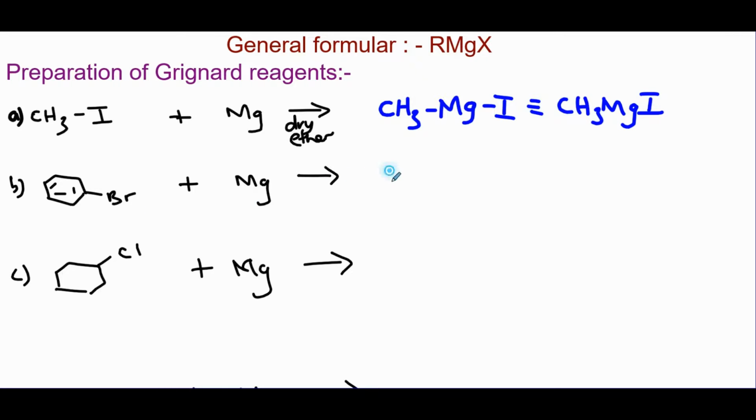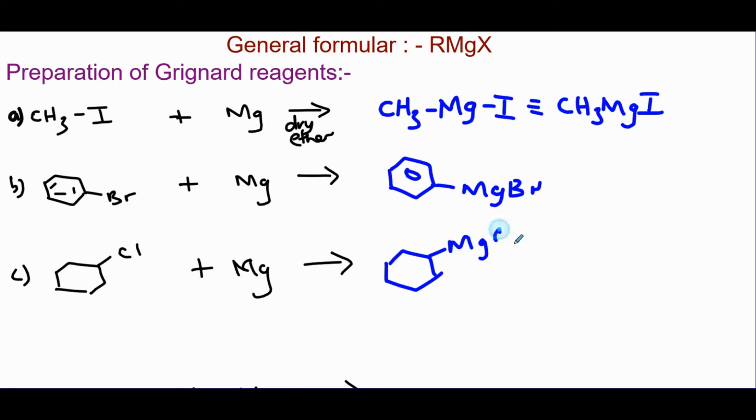Same thing here, the benzene ring, the magnesium will insert itself between the bromide and the sp2 carbon, so you get an aryl Grignard reagent. Same thing with the Cl, you get MgCl. That's why the general formula for a Grignard reagent is RMgX, where the R is any carbon-containing group, the X is any halogen except fluorine.